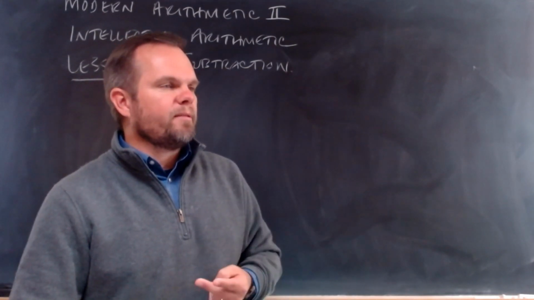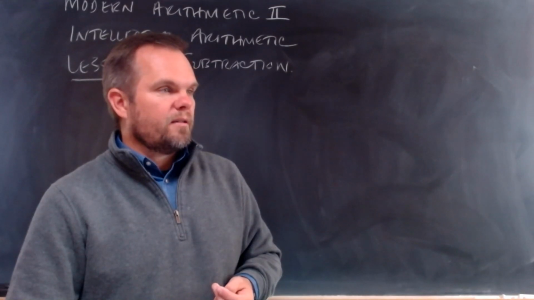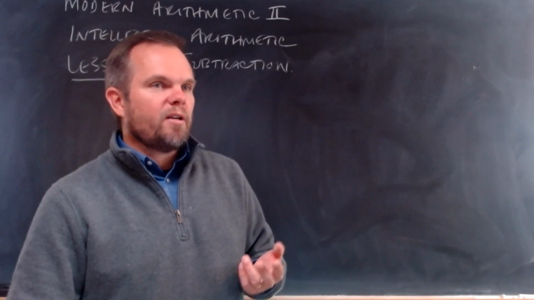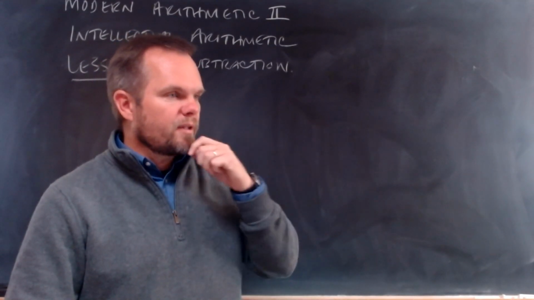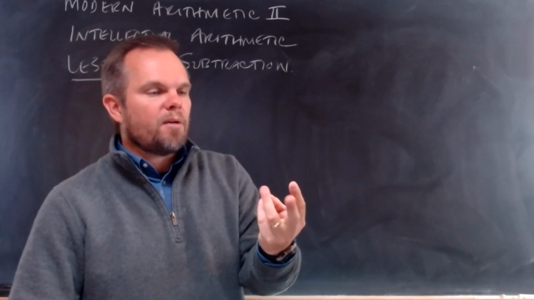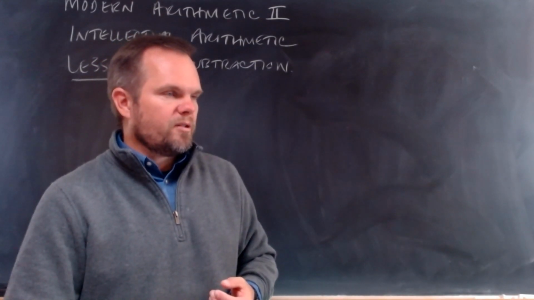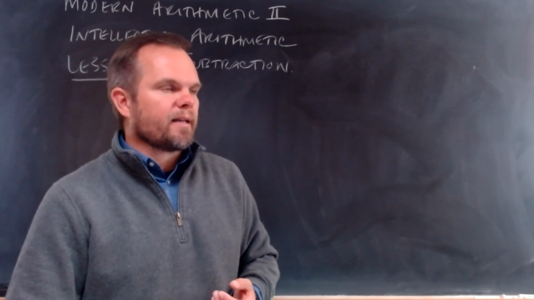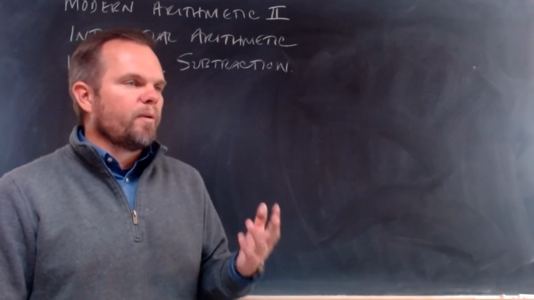What's wrong with counting on your fingers? It's for babies, right? It's for students who can't think of numbers, and they have to have some sensible object to count or add or subtract. And in intellectual arithmetic, we don't want to count with our fingers.